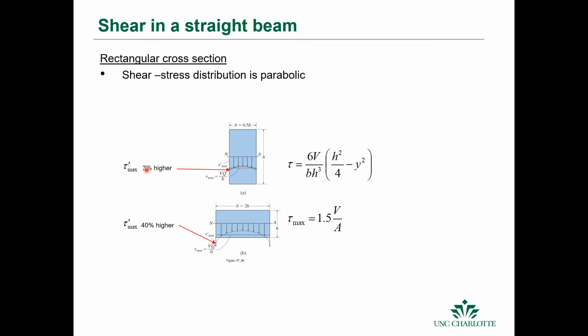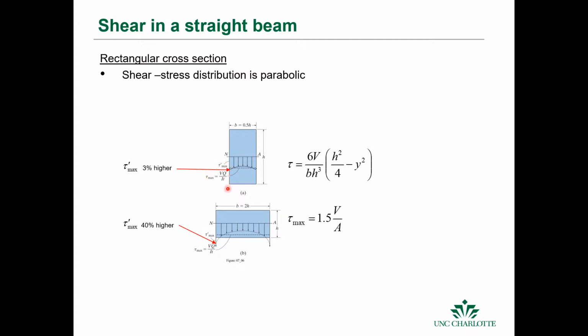Over here, we see that if we use this formula and we have a width that's half the height, then this shear formula does a good job. We're only about 3% off. And notice that we're 3% less than the actual value. So if you use this formula, it's actually not conservative.